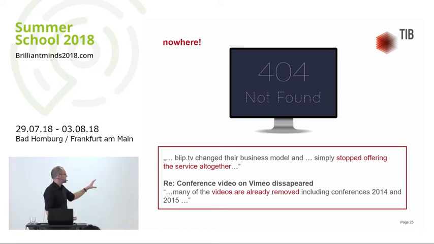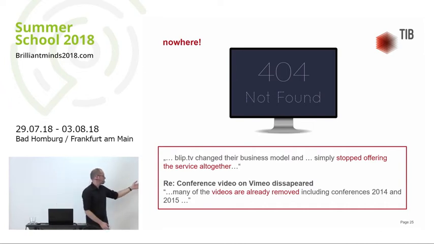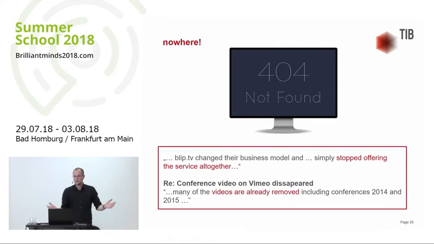And these are just quotes from emails I had in the last years where I talked to conference organizers, and this is basically what happens. There was this platform Blip TV, I don't know what that is, but obviously it stopped offering the service and the videos were down.